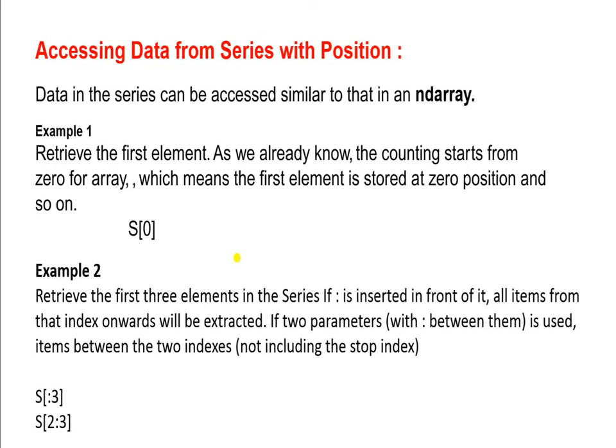Now in example 1, retrieve the first element. As we already know, counting starts from 0 for an array. The index value for the first element is 0, which means the first element is stored at 0 position and so on. So when we write s of 0, it will display the value of the first element.